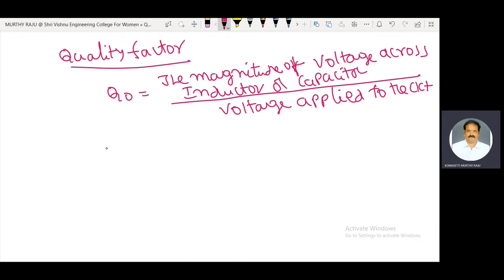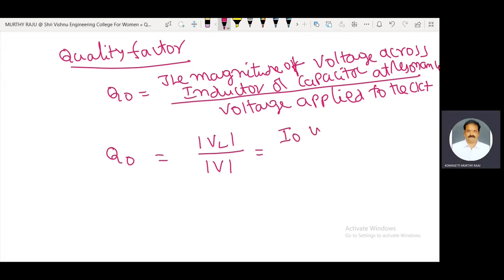Suppose we consider the inductance. Q naught is equal to mod VL by mod V, the voltage applied to the circuit. At resonance, the magnitude of voltage across the inductor: the current flowing through the circuit is I naught.